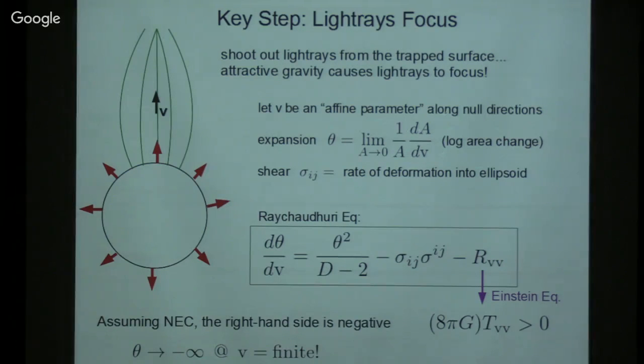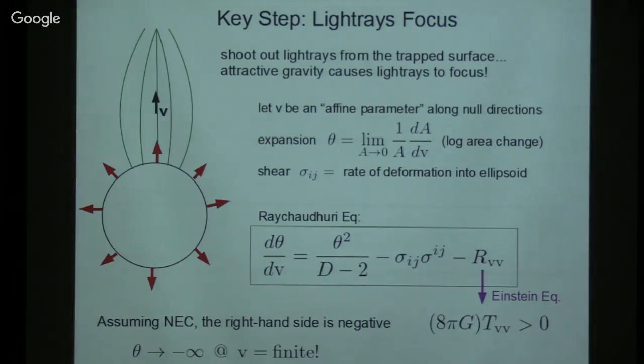Then you can define the rate of change of the area with respect to this affine parameter. And if you take the logarithmic rate of change of an infinitesimal piece of area here, then this gives you something called the expansion. It's just a measure of how much the area is increasing as we move out.